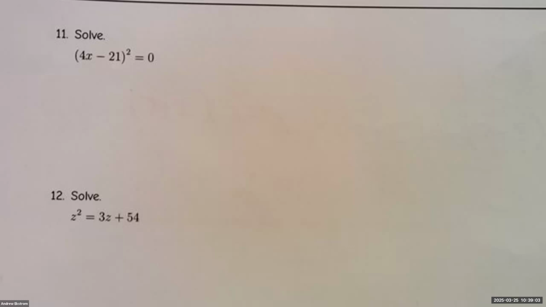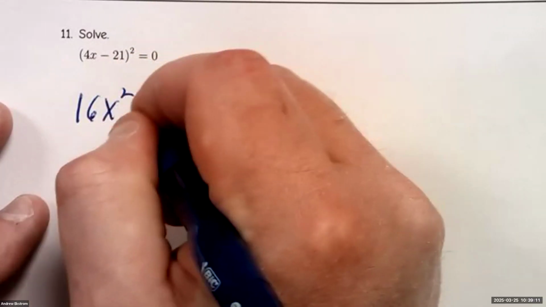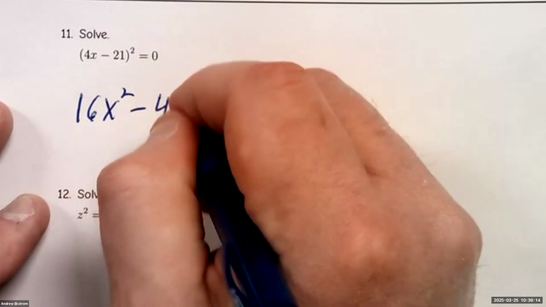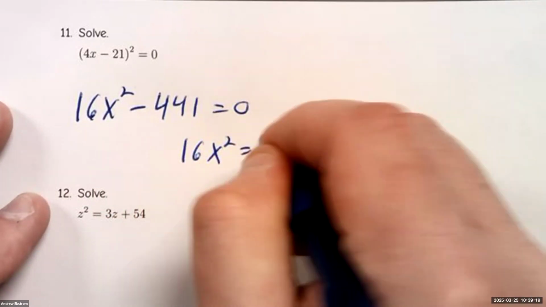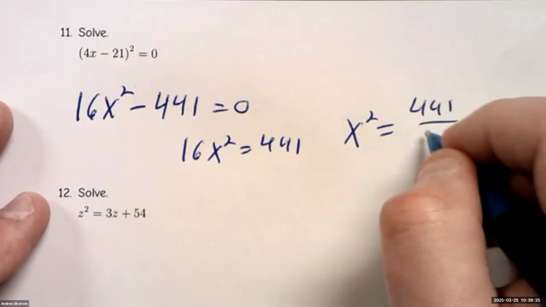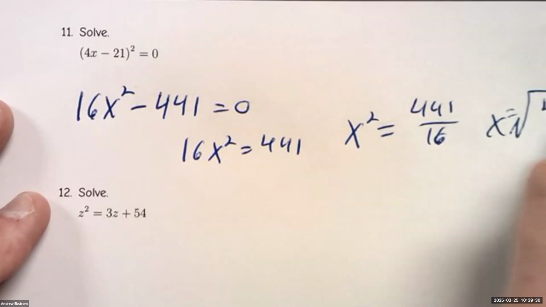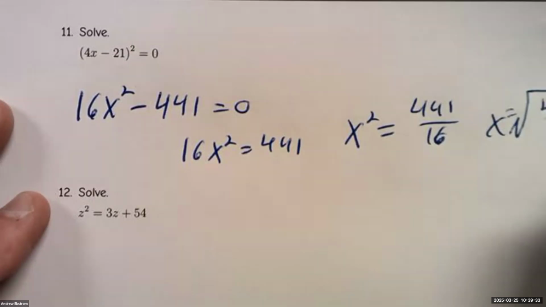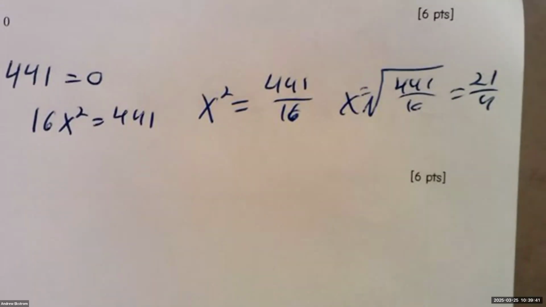Like, oh, okay, I'll go with that. So if you did look at this and rewrite this as 16x squared minus 21 squared, I believe that's 441, that is totally the wrong way of doing it, but you get the right answer.